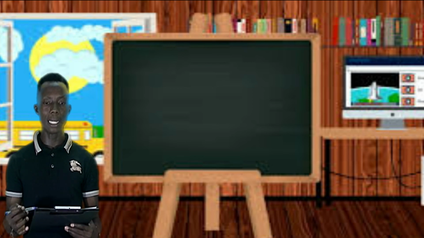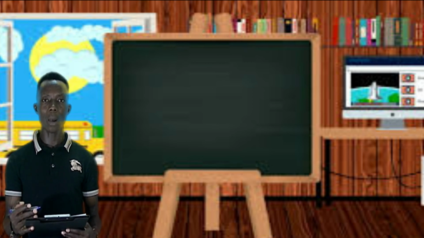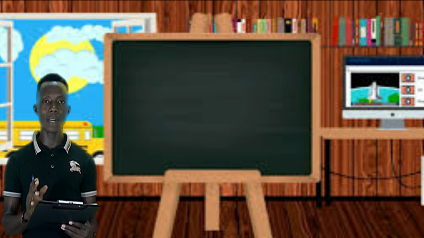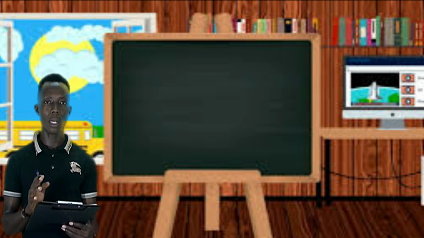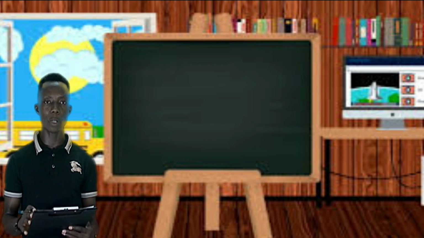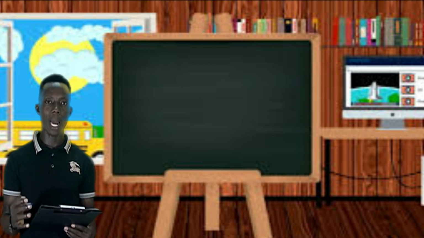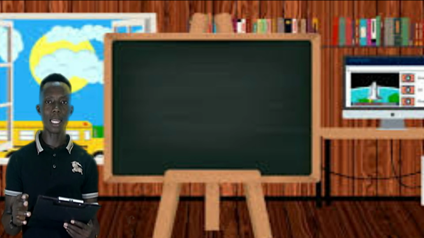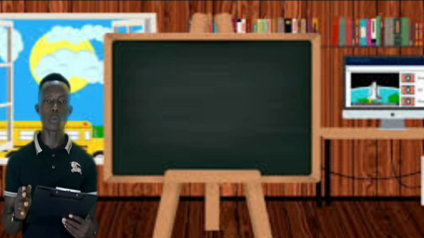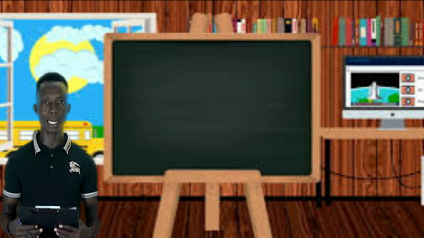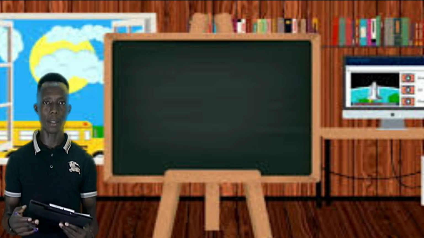So you can see clearly that the letter Y makes the sound of a vowel letter, and this makes it possible for us to represent the vowel with the letter Y in some words. And this makes it possible again for us to pronounce those words. And I hope you do understand this lesson.